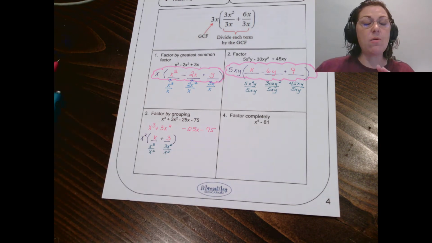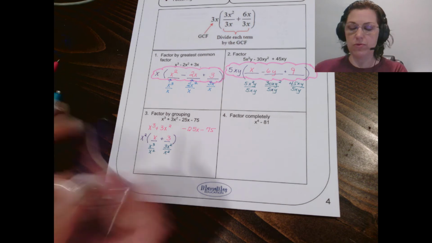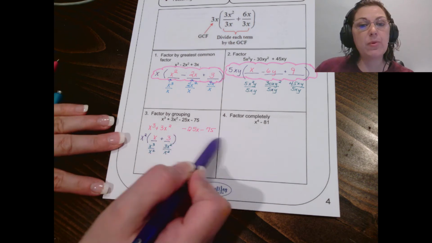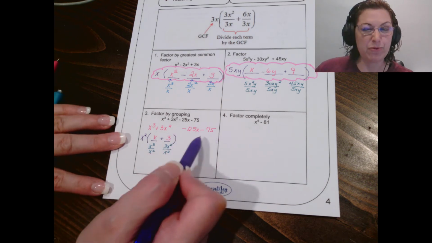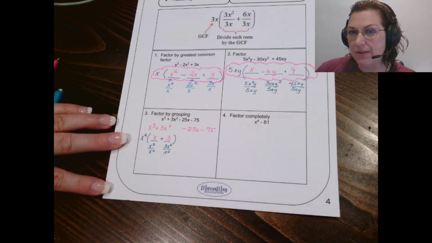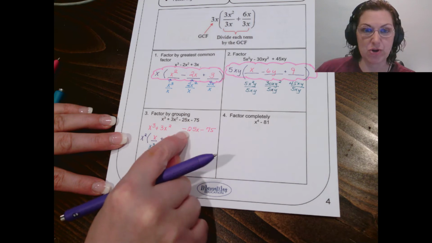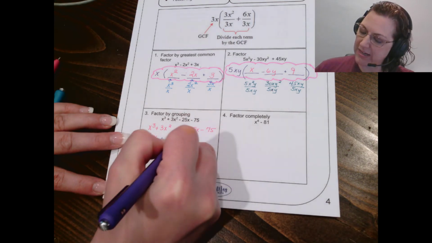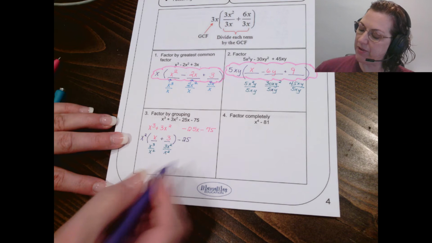All right, now look at your next two. We'll divide by negative 25. I'm saying negative 25 and not just 25 because the first term is negative, so that's a lot of times an indication. So I'm going to pull out a negative 25.